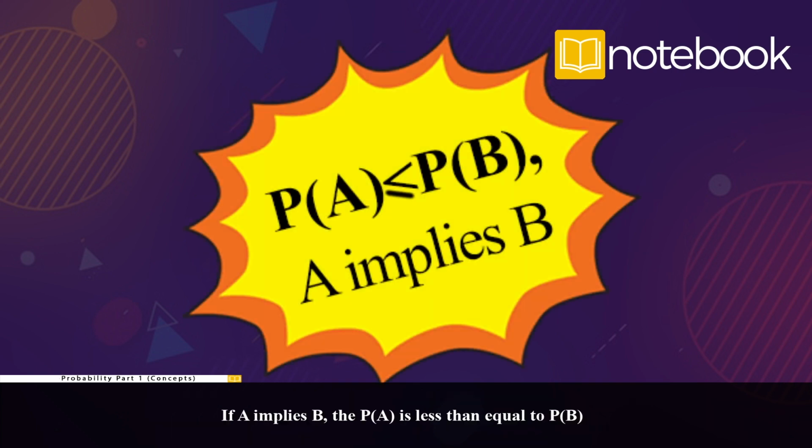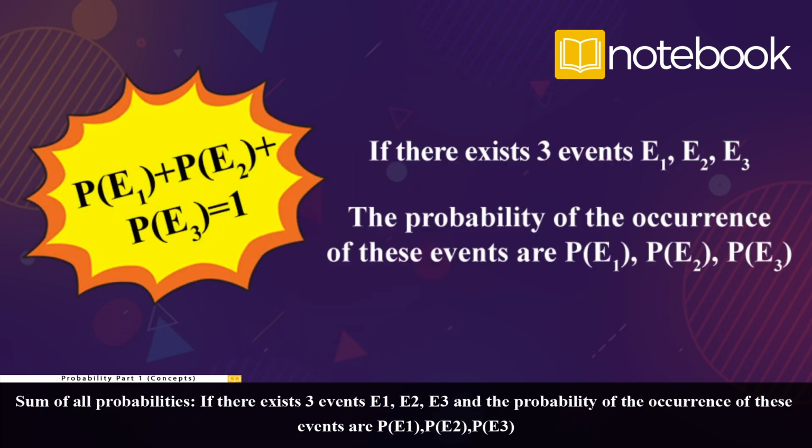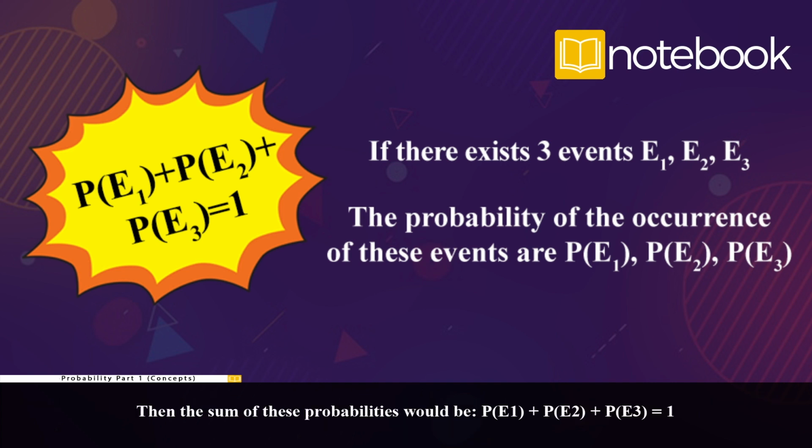If A implies B, then P(A) is less than or equal to P(B). Sum of all probabilities: if there exist 3 events, E1, E2, E3, and the probability of the occurrence of these events are P(E1), P(E2), P(E3), then the sum of these probabilities would be P(E1) plus P(E2) plus P(E3) is equal to 1.